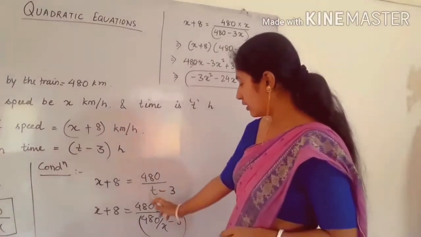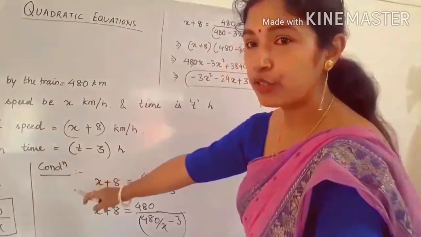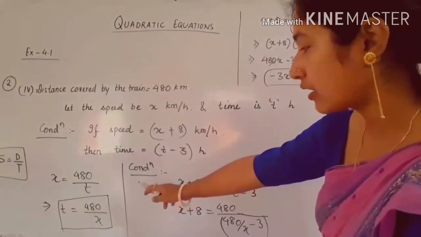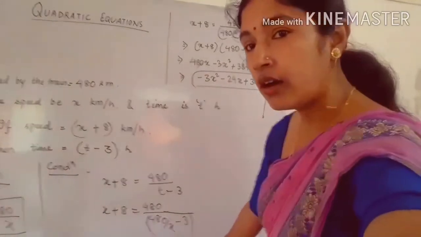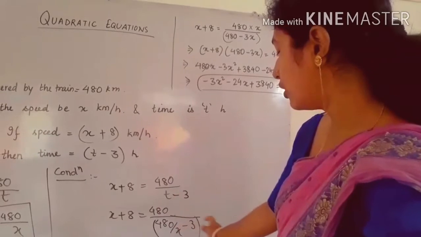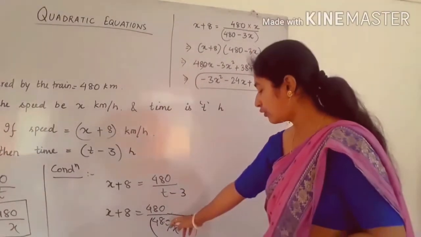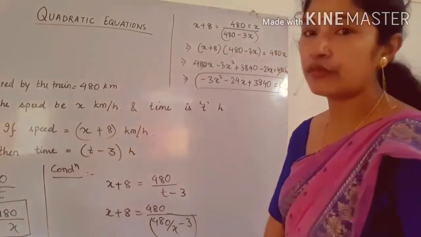By writing in place of t the time which we got in the first situation, that is 480 by x, we put it in this equation: x plus 8 is equal to 480 divided by, in place of t we write 480 by x, minus 3.